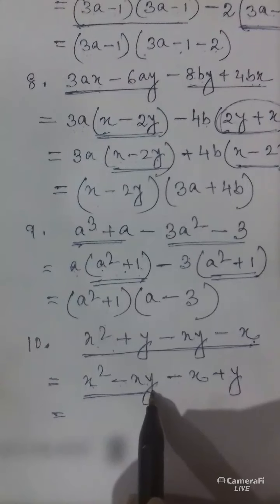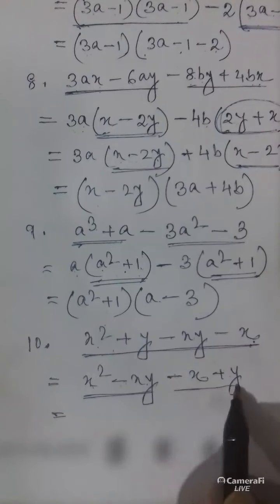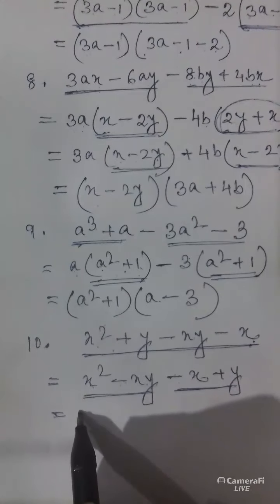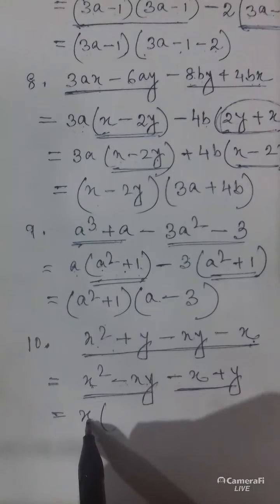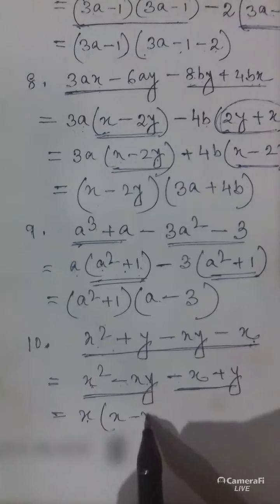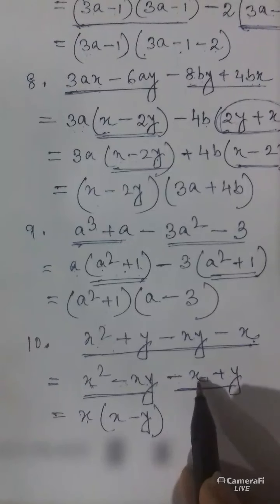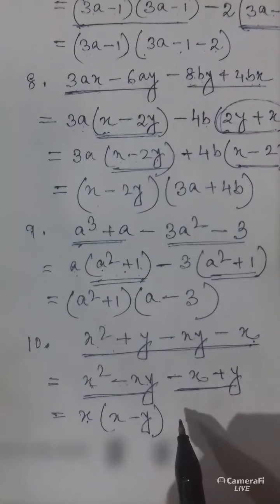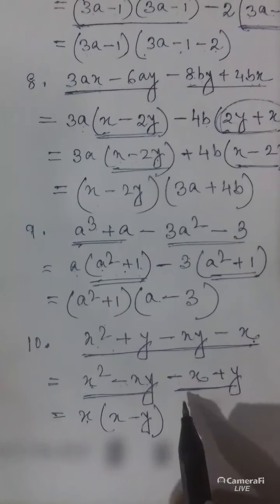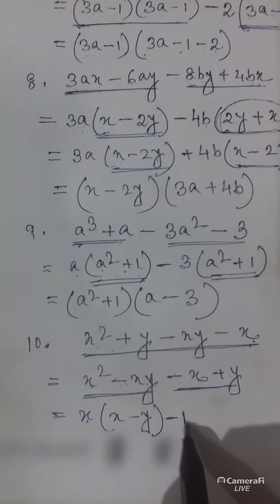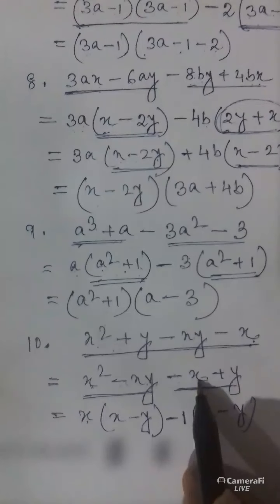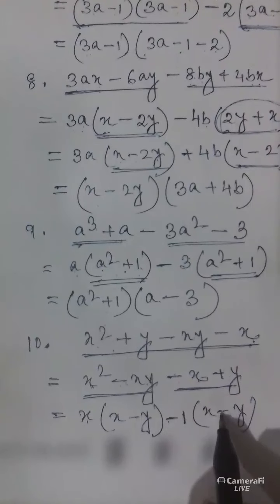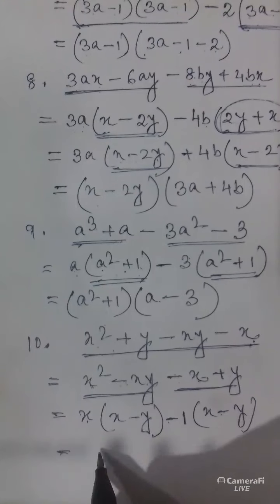So x square minus xy is one group and minus x plus y is one group. In x square minus xy the common factor is x, then x minus y is left. Here in minus x plus y, minus 1 is common, left x minus y.